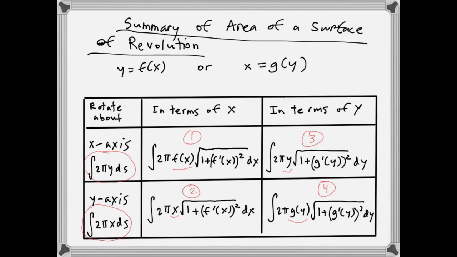So there are only 4 types, and I did all 4 types, but you'll notice I never even looked at this table as I was doing it because the key here is remembering these circled things on the left, that when it's the x-axis, it's 2 pi y ds, and when you rotate about the y-axis, it's 2 pi x ds, and then you just replace the letters if you need to, if it's in terms of the other variables.